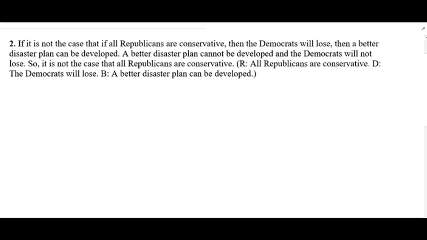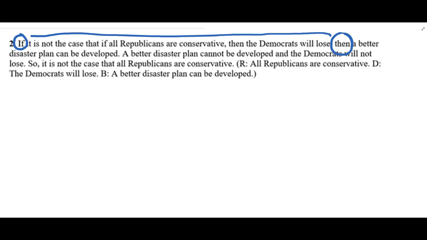So let's look at the first premise, which seems to be the most complicated here. But it's pretty clear that it's an if-then statement. If it is not the case that if all Republicans are conservative, then the Democrats will lose, so if all this, then a better disaster plan can be developed.